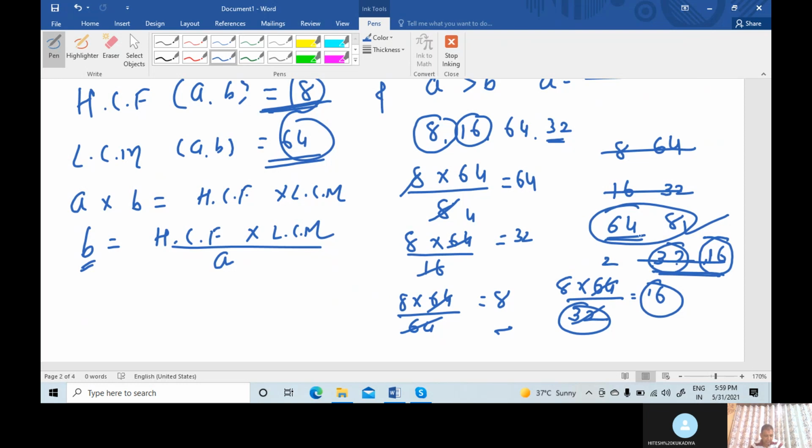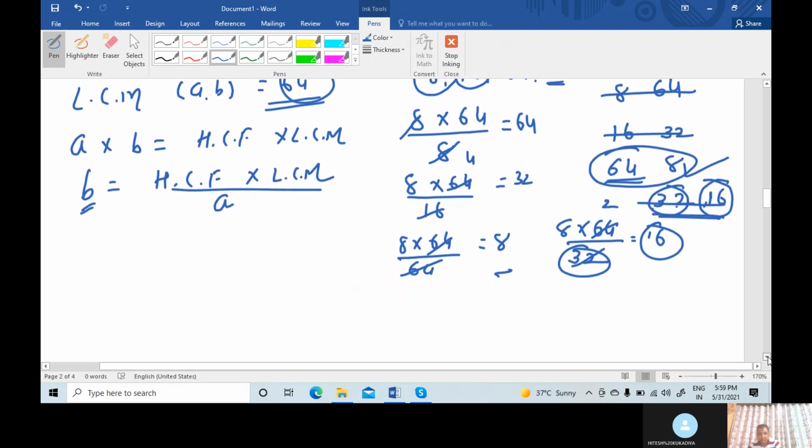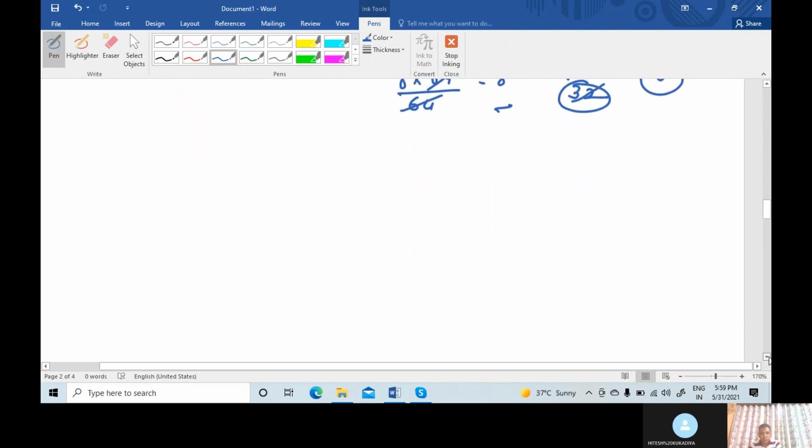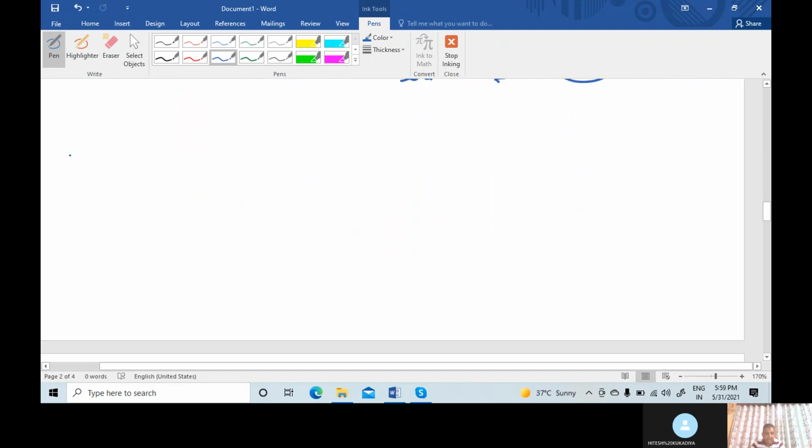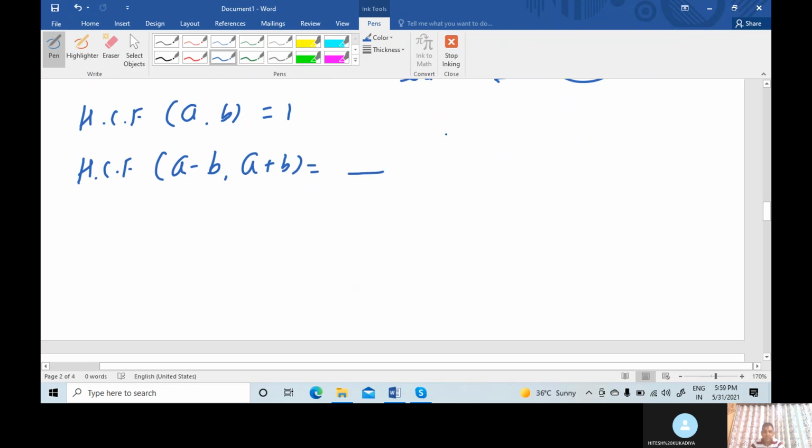Now the next MCQ. All the MCQs and extra sums are most important. HCF of two numbers is 1, and HCF of A minus B, A plus B equal to what?